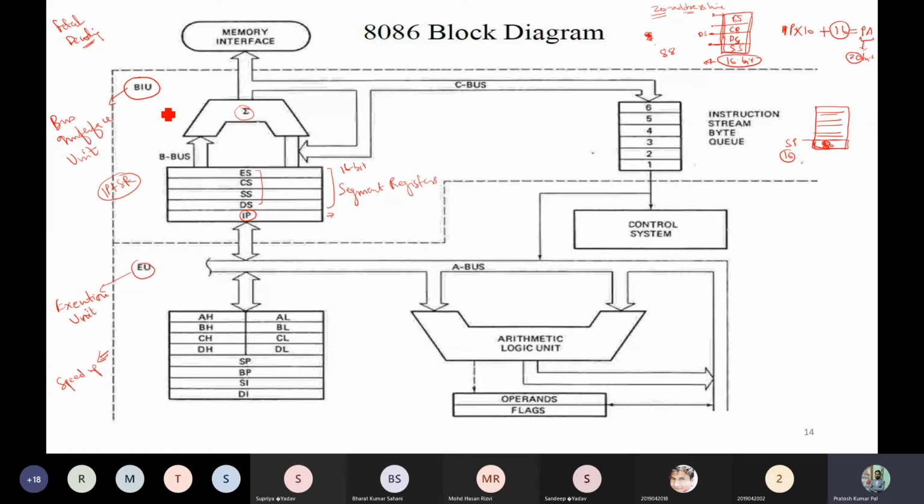Decoding here means what the location of the instruction is and what it is going to perform, and that will be done by this bus interface unit only.